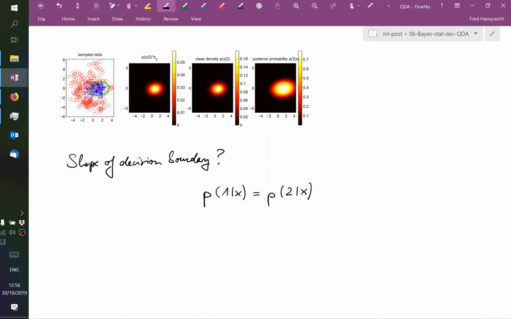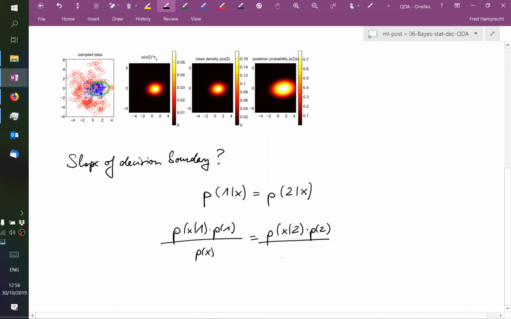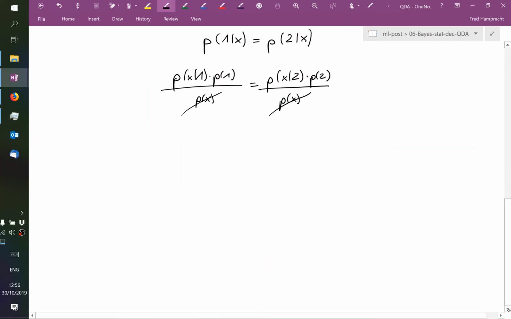Now, following Bayes' theorem, I would write p of x given 1 times p of 1 divided by p of x equals probability of x given 2 times p of 2 divided by p of x. The p of x is the same on either side, so this cancels. And how about the rest?